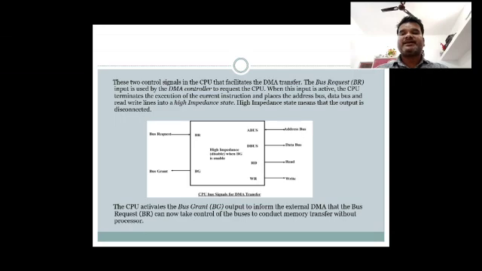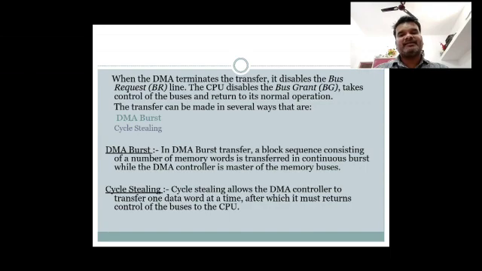The CPU activates the bus grant output to inform the external DMA that the bus request can now take control of the buses to conduct memory transfer without the processor. When the DMA terminates the transfer, it disables the bus request line. The CPU disables the bus grant, takes control of the buses and returns to its normal operation.